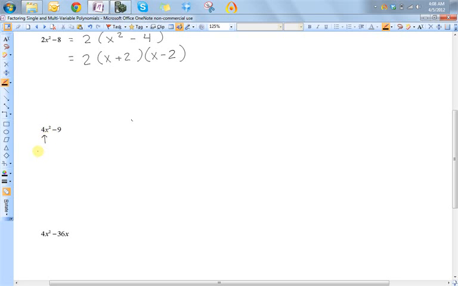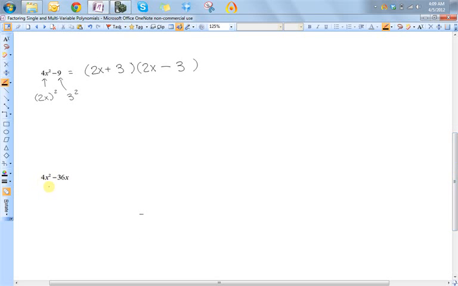And it can, because this is the same thing as 2x squared, and this is the same thing as 3 squared. So that means I could write this as this 2x plus 3 times 2x minus 3. Okay.